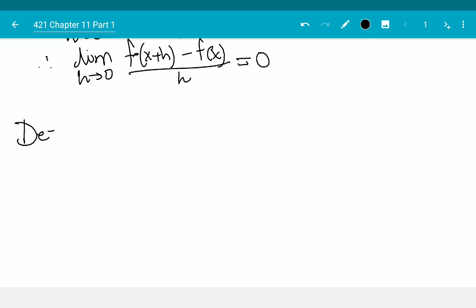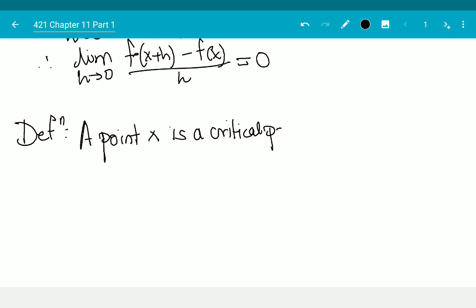Then we'll define another thing. Definition. A point x is a critical point of f if f prime of x is equal to 0.